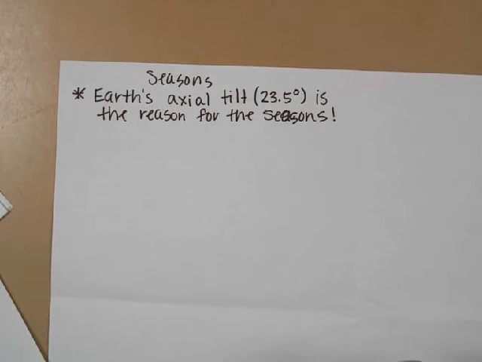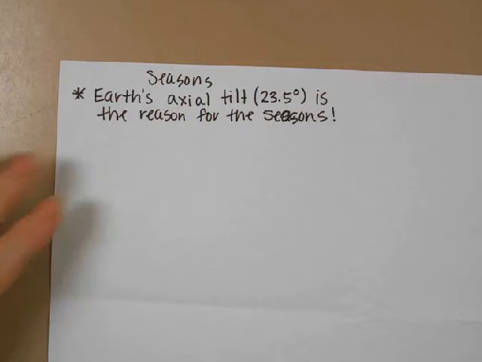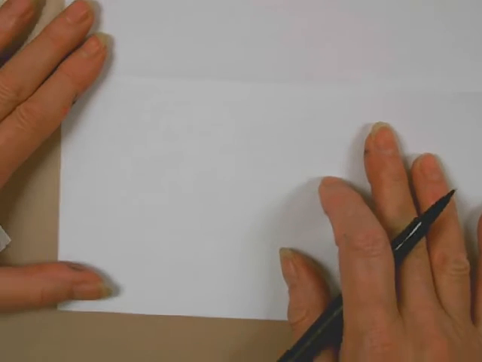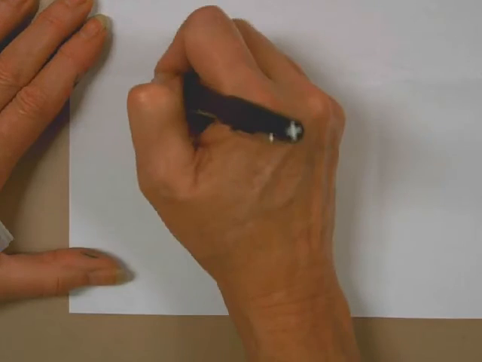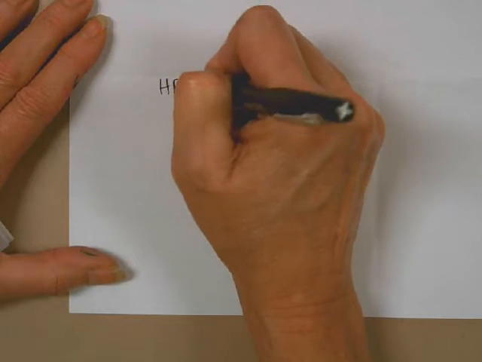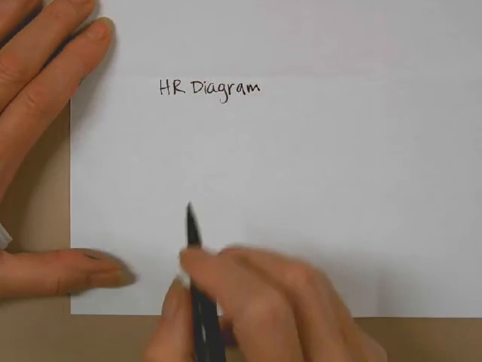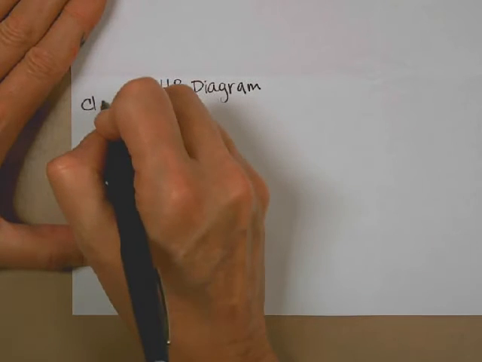So let's go ahead and do one more thing. Let's not do another video; we're just going to move forward with this one. We're going to talk about the HR diagram. Remember, it classifies stars based on two factors.